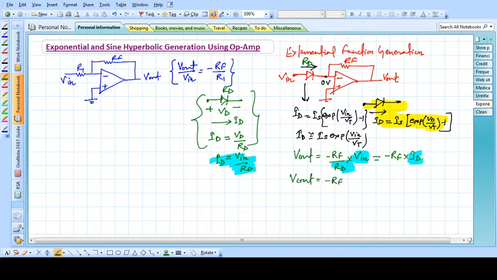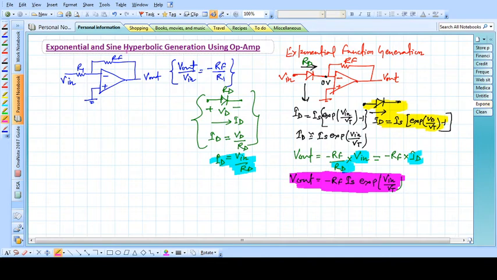ID is some saturation current times exp V by VT. So this one is the general equation for the basic amplifier circuit. Yes or no?